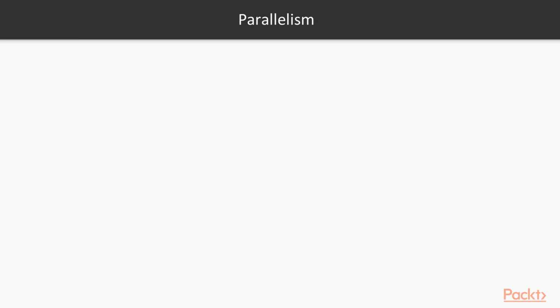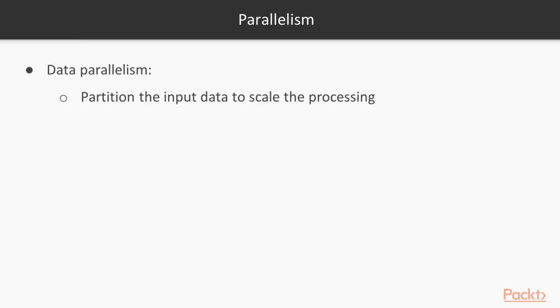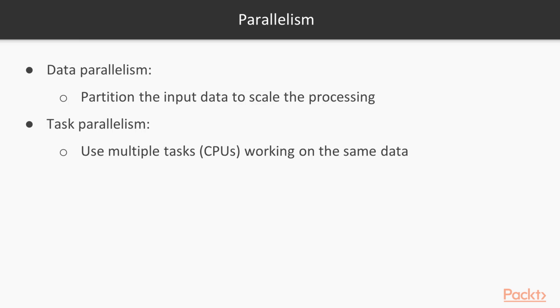The first thing we want to understand is the parallelism concept. The parallelism is of two types. One is data, the other one is task. Flink can take the incoming data and partition the data across multiple machines in order to scale up the processing. The other way is to do task parallelism, where typically nowadays people have multiple CPUs anyway on multiple systems, because if you buy a Dell blade with 48 cores, you don't want to just use one core, right?